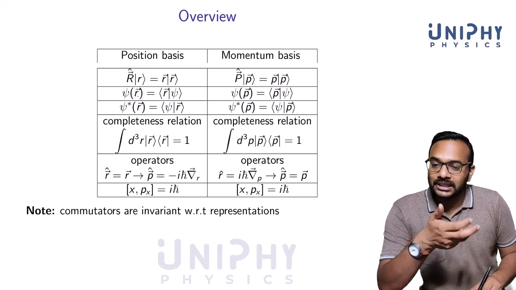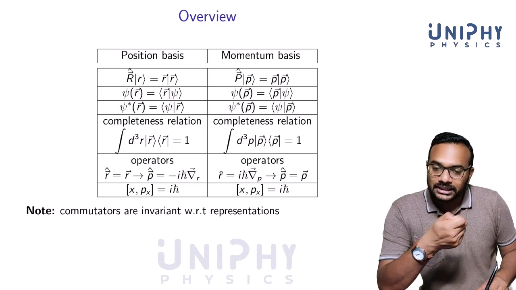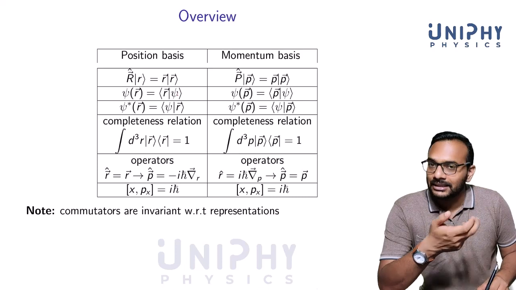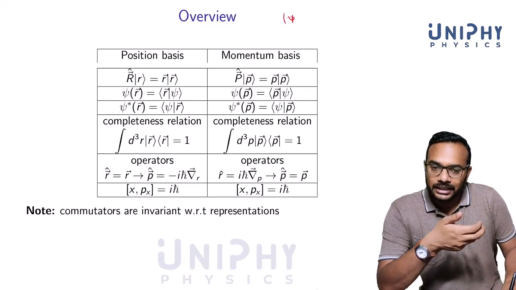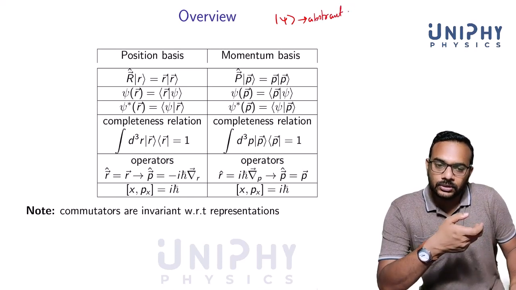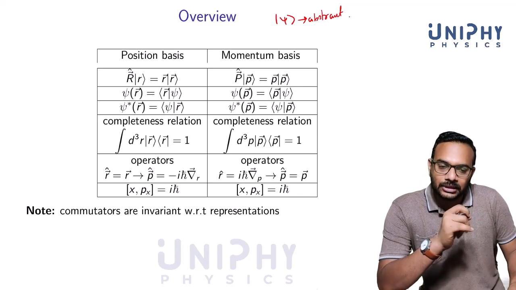What do you mean by psi of r vector? You can say that it's the projection of the psi. This psi of r vector and psi are different things. What is psi? Psi is some abstract vector. So don't confuse between these two. Generally, you don't lose much by confusing, but it's better to have it clear in your mind.